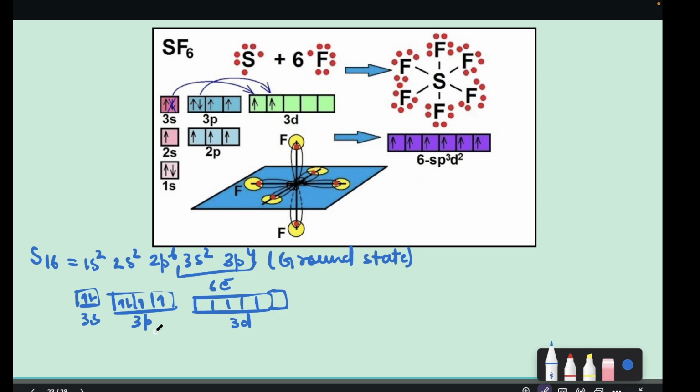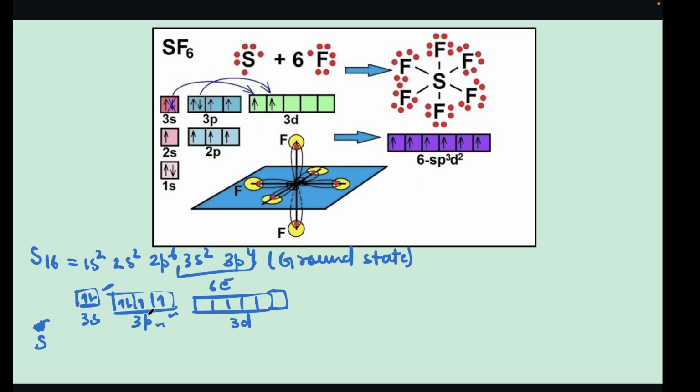So here we can see that sulfur needs 6 bonds but has only 2 unpaired electrons. So on excitation, one s electron and one p electron will go in the 3d orbital of third shell.